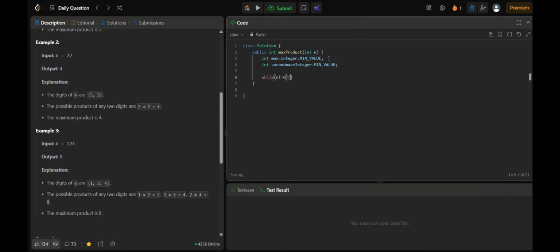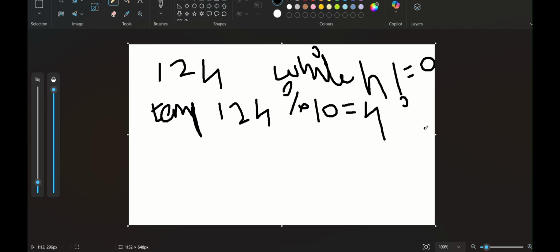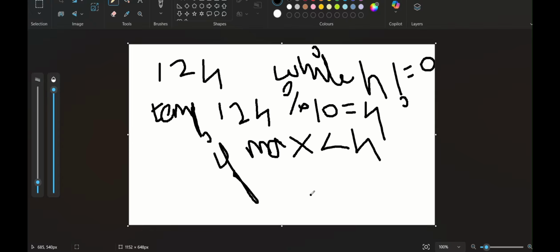I'm going to write the while loop, n not equal to 0, take the temp value as n modulus of 10. I need to check whether the temp value is greater than max or not. So if condition, max smaller than temp. If it is true, I am going to write max is equal to 4.